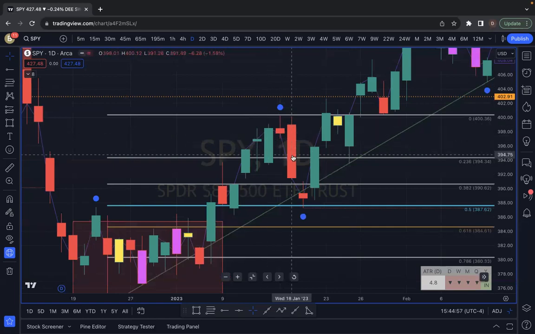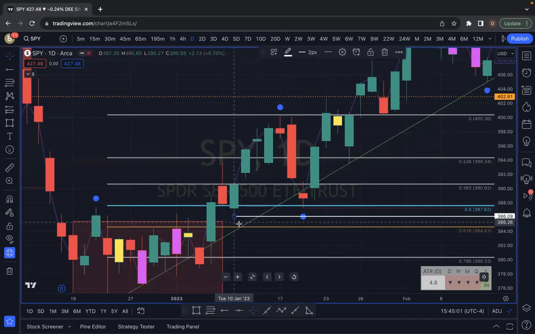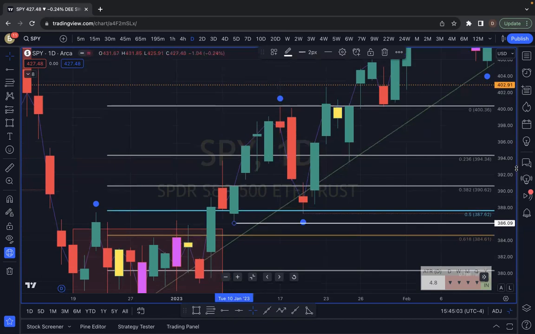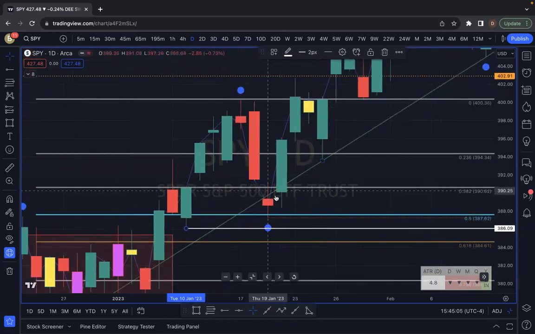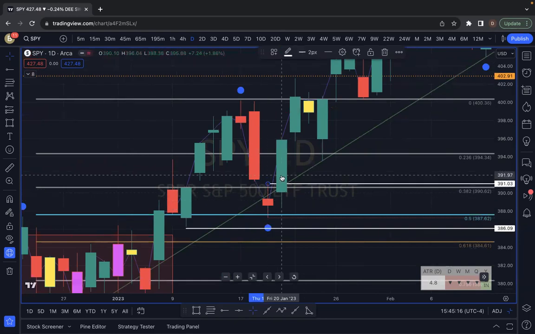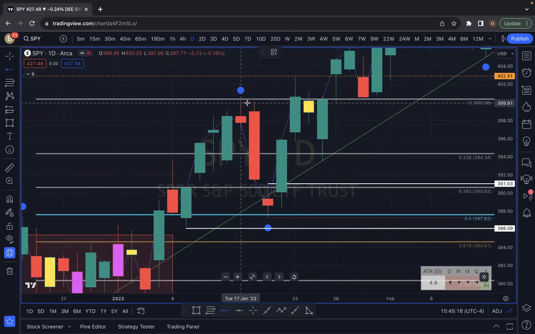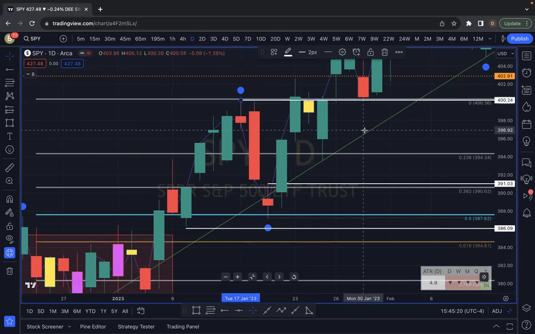It confirmed it going 2 down. It did not take out this previous low right here. That is telling me that it is a better trade to have this bounce off the 0.5, the bounce off this trend line, to go long here and look for a 2-up to target this high. Does that make sense?